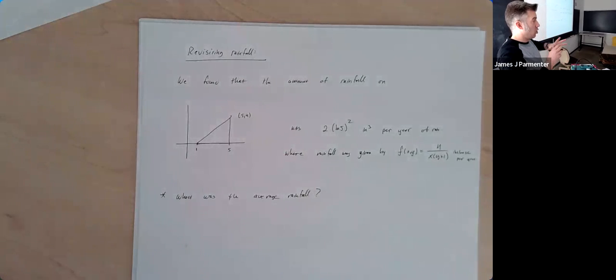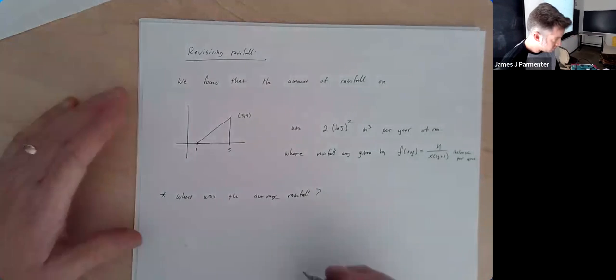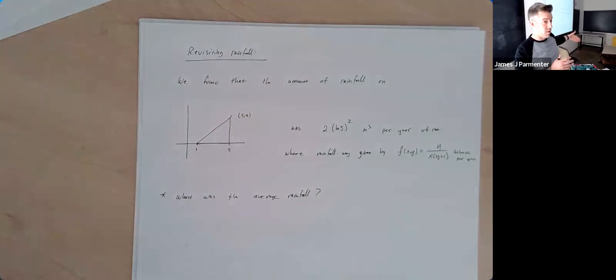You take the total volume of rain and divide it by the area of your region. Just like average value before was the integral divided by the length of the interval, the average value of a function for a double integral is the double integral divided by, instead of the length of the interval, the area of the region.